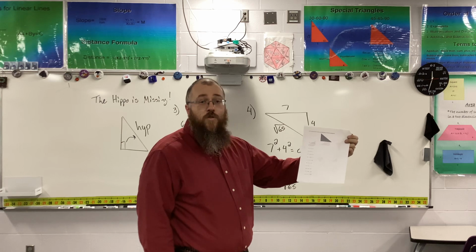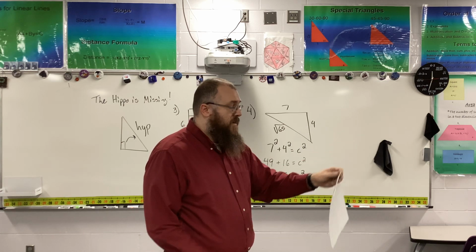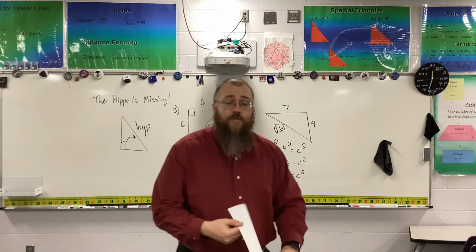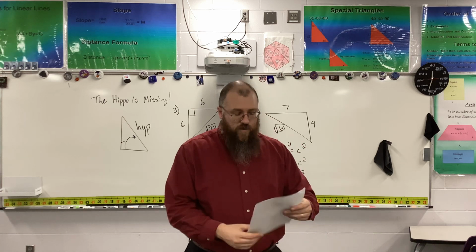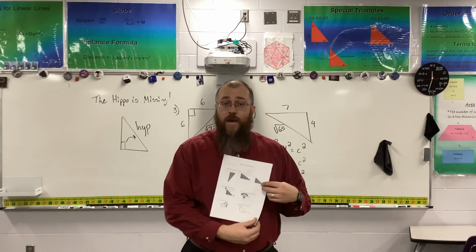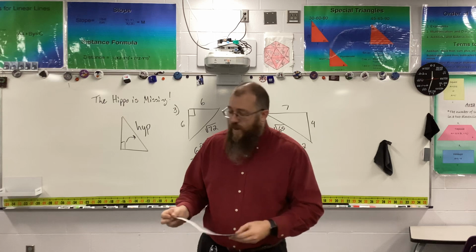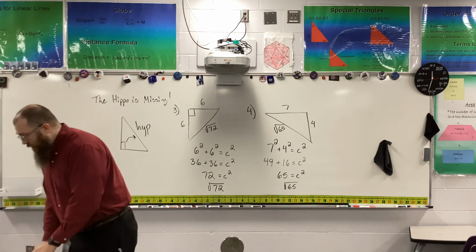Those are our page 2 problems from our packet for today. And that's it from that other packet. So 1, 2, 3, 5, 7 from the front page, 1, 2, 4, 5 from the second page.